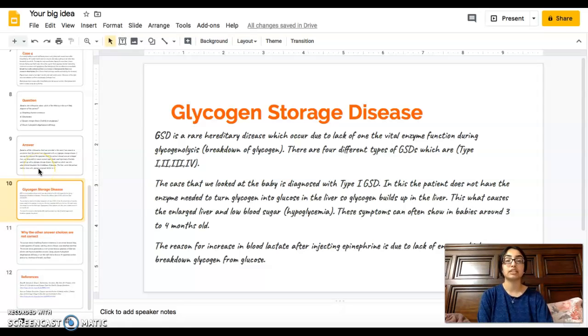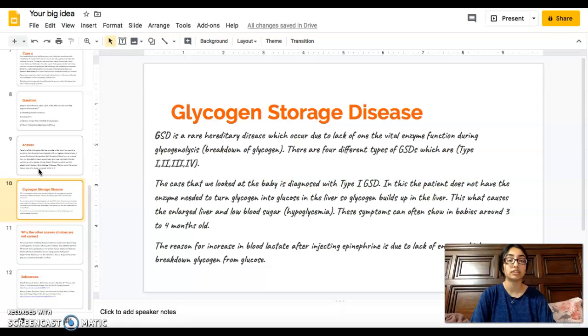Glycogen storage disease is a very rare hereditary disease which can occur due to the lack of a vital enzyme functioning during the breakdown of glycogen. There can be 4 different types of glycogen storage disease: type 1, type 2, type 3, and type 4. I came across that she most likely had type 1 because this patient does not have the enzyme needed to turn glycogen into glucose in the liver, so the glycogen builds up in the liver.